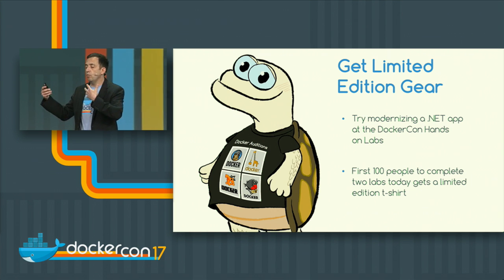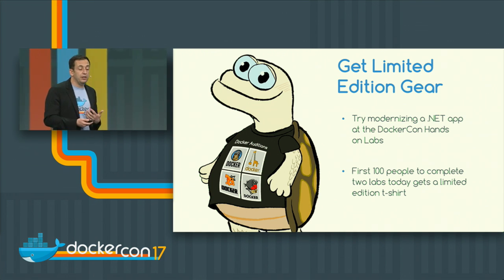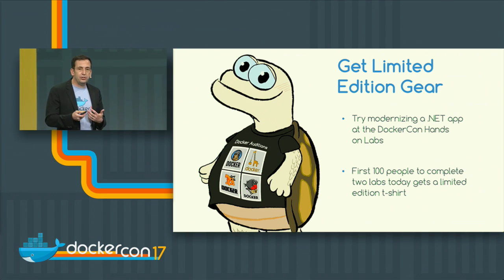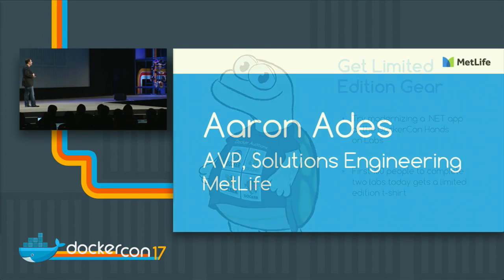They are working on-premise, and they're working in the cloud. They're working with Linux. They're working with Windows. But perhaps most importantly, they're providing vital services to 100 million customers, literally on issues that impact life and death. And so it's my distinct pleasure to welcome to the stage Aaron Ades, AVP of Solution Engineering at MetLife.